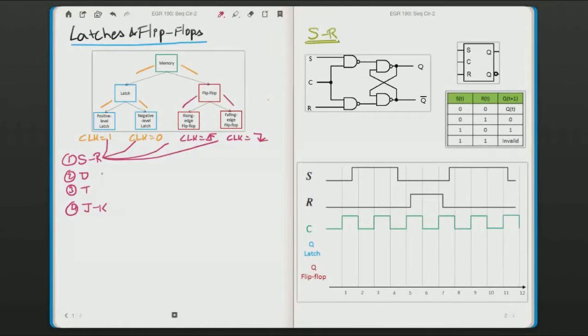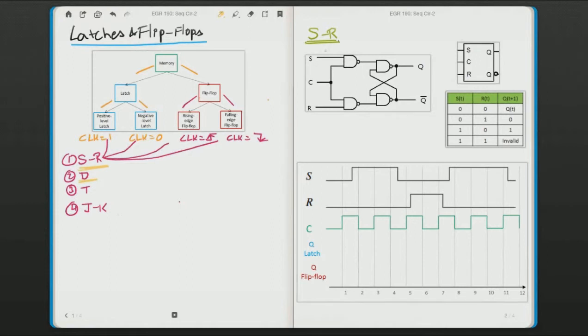Similarly, in D, we have D positive level latch, D negative level latch, D rising edge flip-flop, and so on and so forth. But for the interest of time, in this video, we're going to look into only the SR and the D positive level latch and rising edge flip-flop.